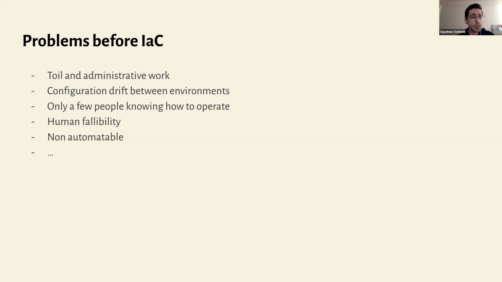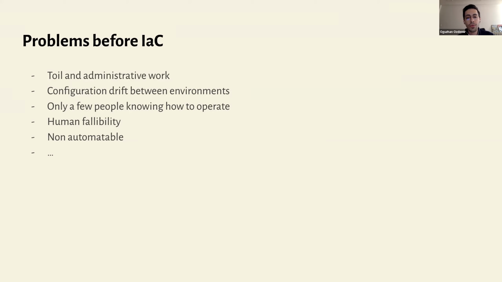So toil, and by toil we mean the manual work that you are doing, is probably the biggest setback to your productivity. Doing things manually, all the administrative tasks, is basically the edge of an endless pit of technical debt, and you will definitely fall into that trap.